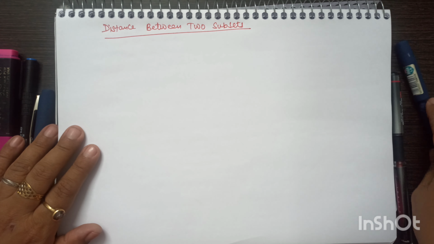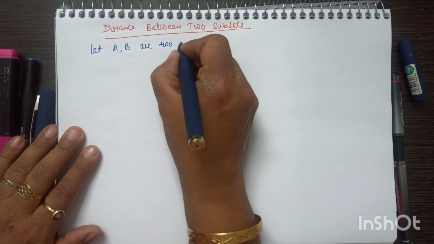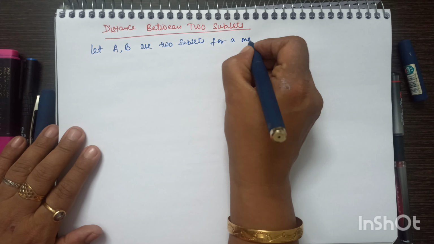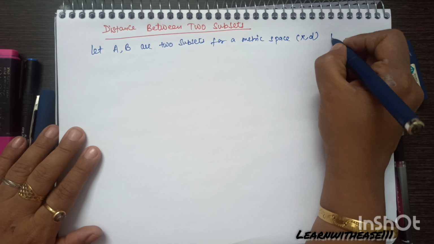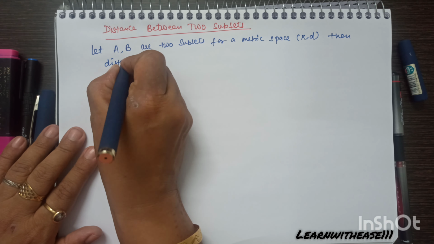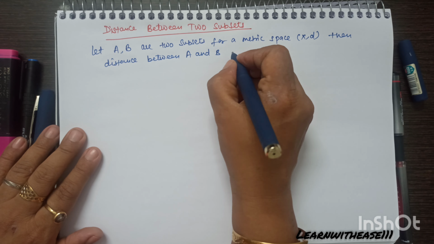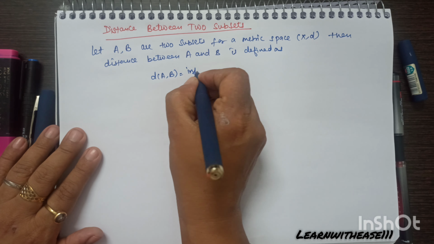Distance between two subsets. Let A and B be two non-empty subsets in metric space (X, d). Then the distance between A and B is given by, again if you are finding the distance it will be the infimum. In case of diameter it is the supremum.